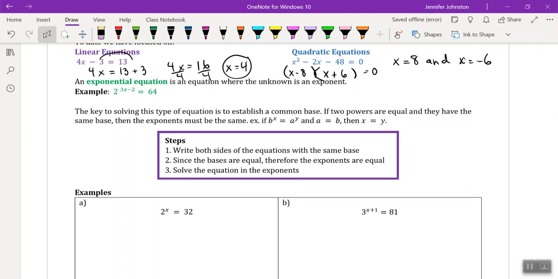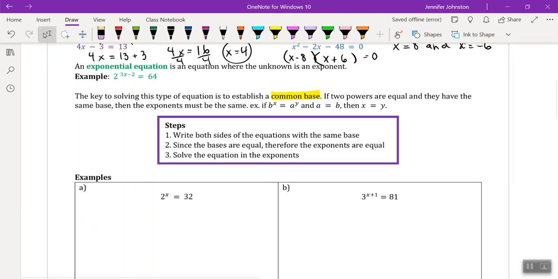However, there are some really easy steps to follow. Some key things to remember here is trying to find a common base. If 2 powers are equal, then they both have the same base. Therefore, if we had b to the x is equal to a to the y, and a and b are the same number, then x and y will be the same thing.